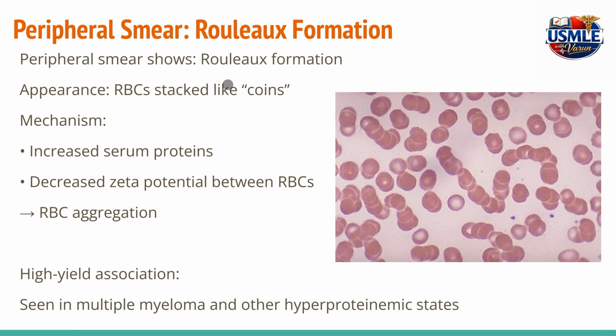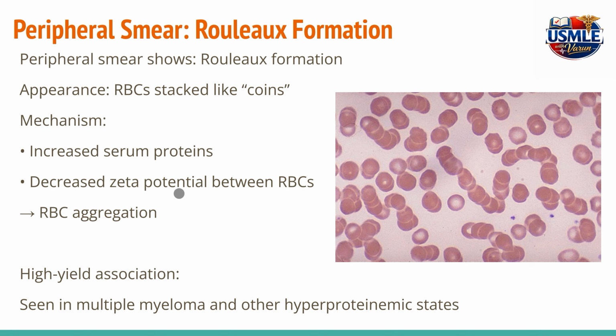On peripheral smear, you'll see a Rouleaux formation. This looks like the red blood cells are stacked like coins, one over the other. This happens because increased serum proteins reduce the repulsion between the RBCs.